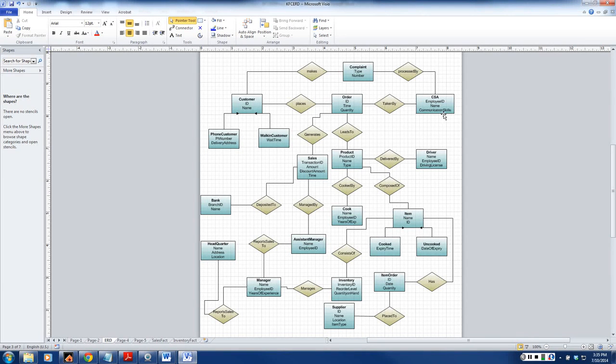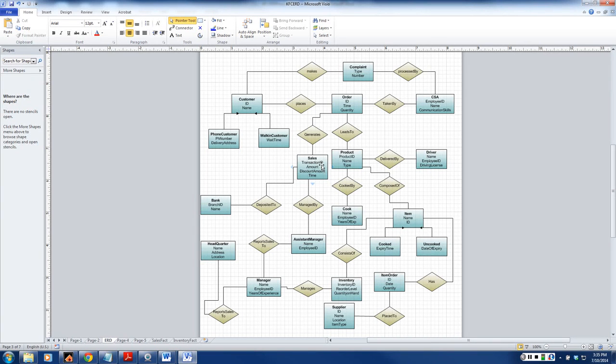So we have something called communication skills. Now you might wonder, how do I model it? How do I use it? As a database, we can say that communication skills could be high, medium, and low. If you have high communication skills, you probably would have very high customer satisfaction or less wait time, something like that. Driver, in order to distinguish between other employees, I have the driver license as an attribute.